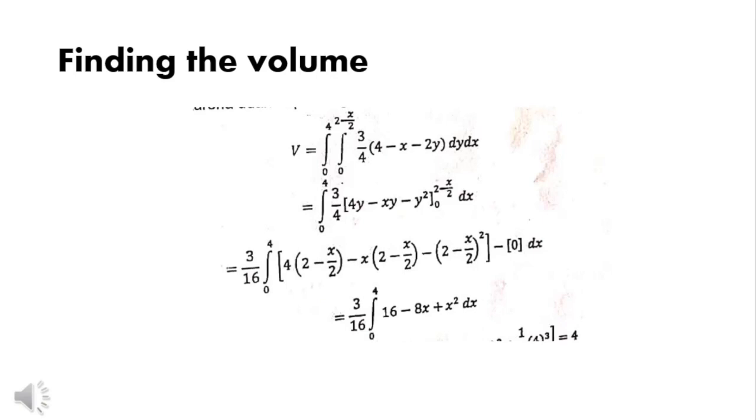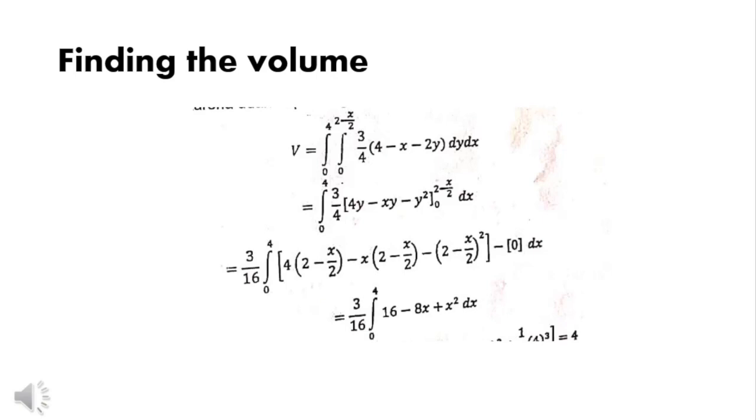Last thing, we find the volume by integrating the z function. We can find the volume by integrating 3/4 times (4 minus x minus 2y) dy dx. From the integral arrangement, we need to integrate this function with respect to y first.